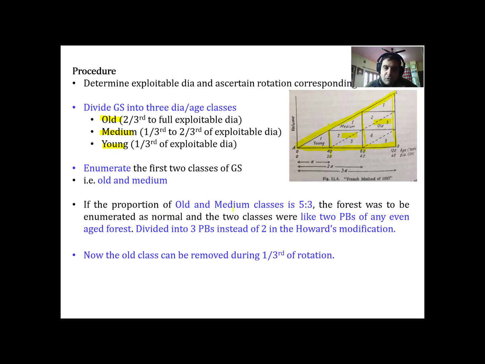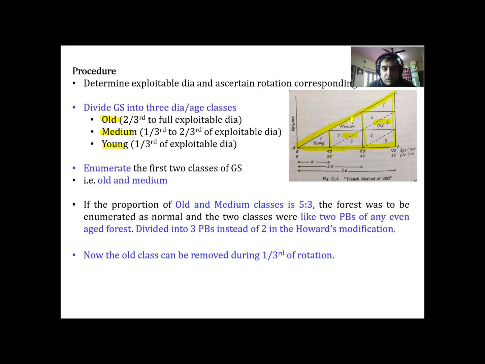Now, if the proportion of old and medium class is 5 to 3, as you can see in the form of smaller triangles, 1, 2, 3, 4, 5 and 1, 2, 3, the forest is to be enumerated as normal. The two classes are just like the periodic blocks in any regular shelterwood system, if you remember. These can act as any two periodic blocks.